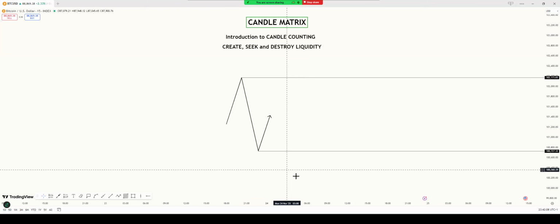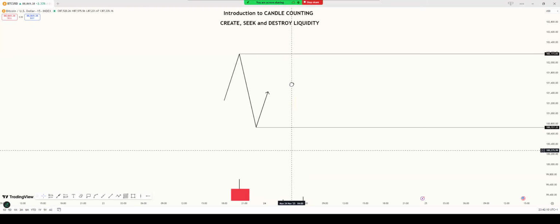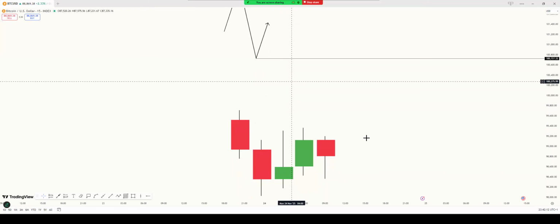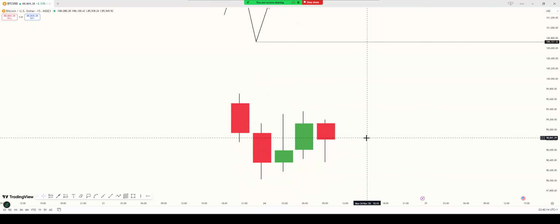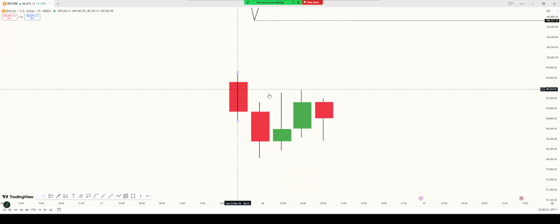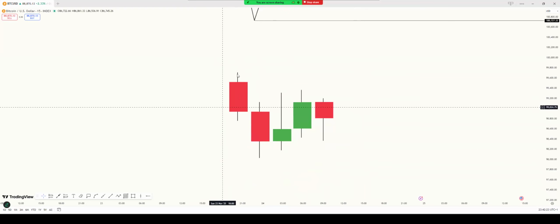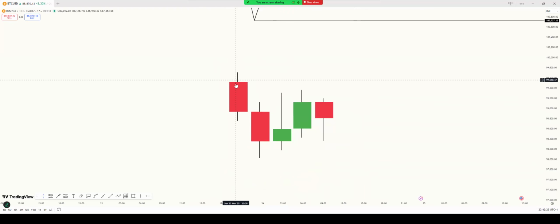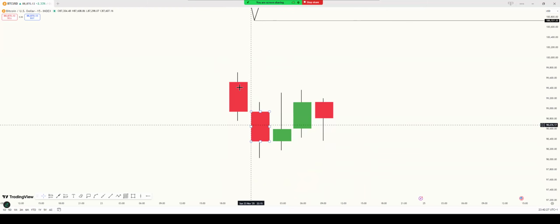So to further elaborate on this idea, I constructed a few candlesticks. Okay. So this is the idea. In this case, we have 2 candlesticks outside of the range, 1 and 2.